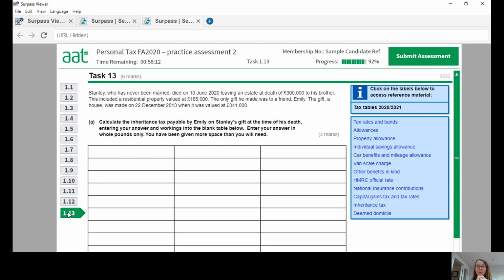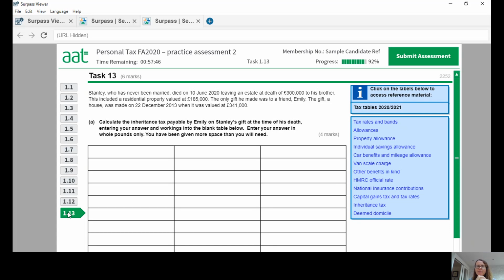Right, so you might be thinking, oh, residential property, residence nil rate band. No, because it hasn't been left to a descendant. It's only if a residential property is left to a child or a grandchild that you are allowed to use the 175,000 per person if you're married. He's not married either, so there is no residence nil rate band available here.